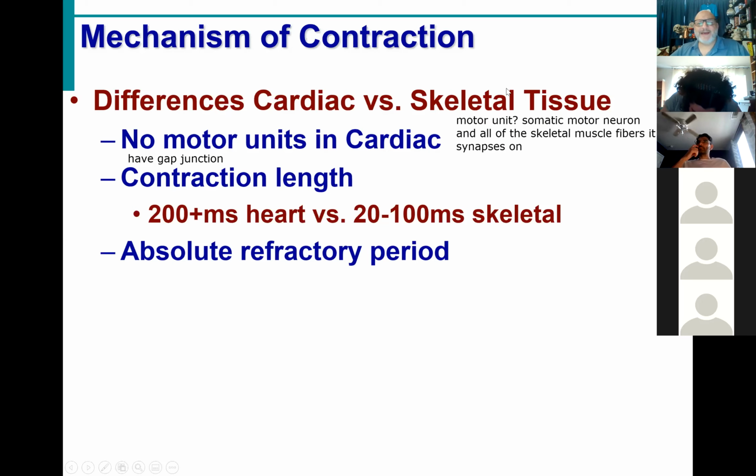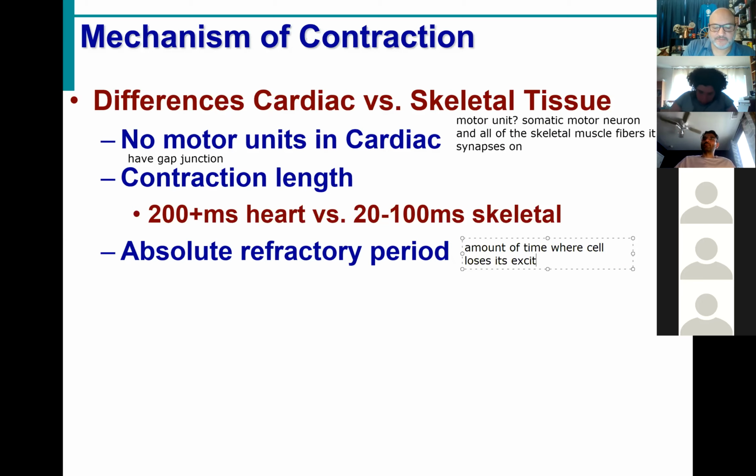Someone remind me what the absolute refractory period was again? A period in time after a muscle has contracted where no amount of stimulus will allow it to contract again? Absolutely. Basically, it's an amount of time where the cell loses its excitability.